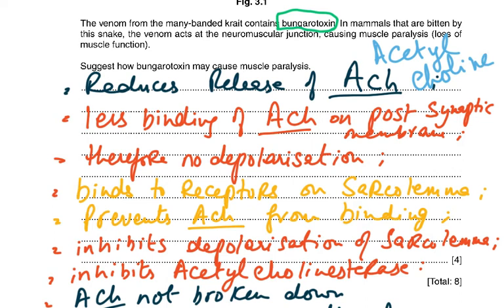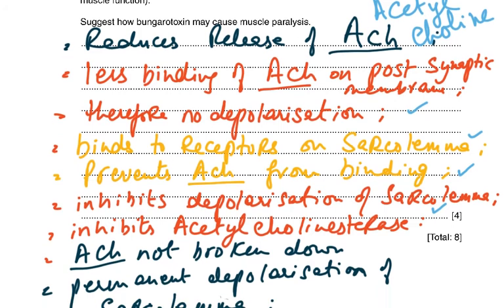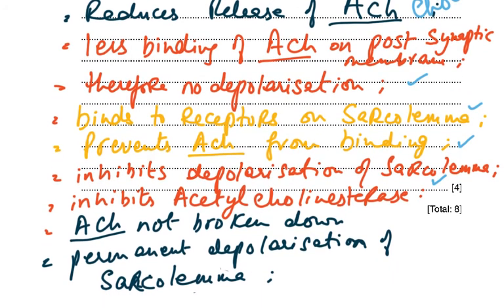So, reduces the release of acetylcholine, less binding of acetylcholine on the postsynaptic membrane, therefore no depolarization; binds to receptor on sarcolemma, prevents ACh from binding, inhibits depolarization of sarcolemma; inhibits acetylcholinesterase, so of course that won't break down ACh; ACh not broken down, permanent depolarization of the sarcolemma. So acetylcholine will not be broken down. ACh is the abbreviation of acetylcholine.